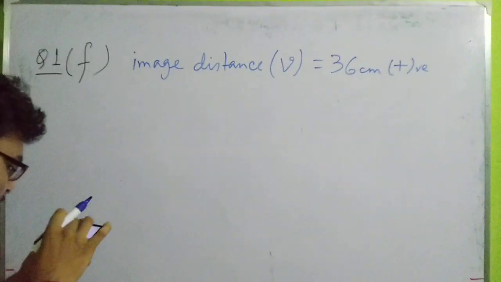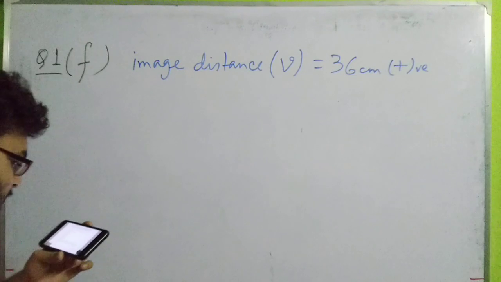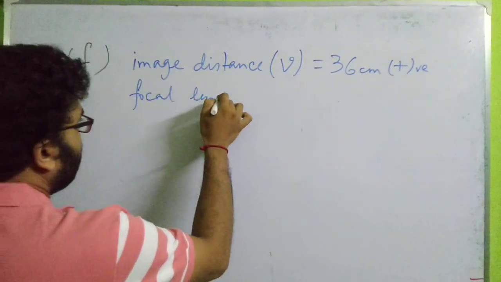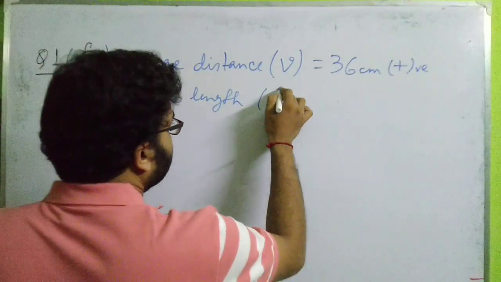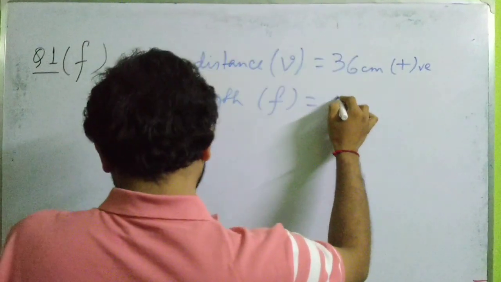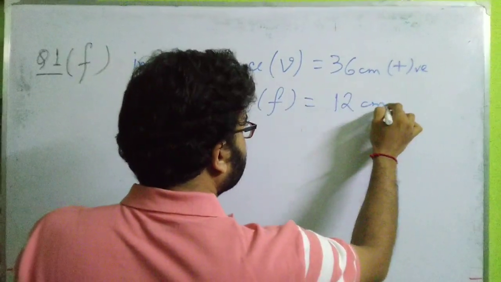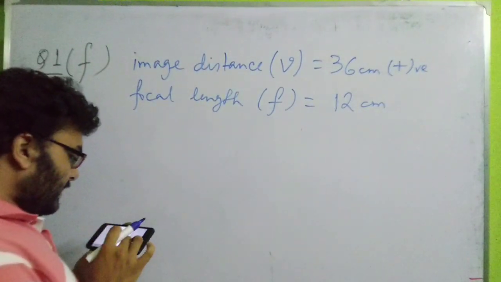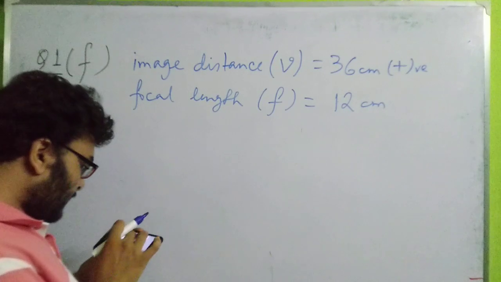Another piece of information given in the problem is the focal length of the lens. Focal length is denoted by the letter F. It is written as 12 cm. In the figure you can see that it's a convex lens.